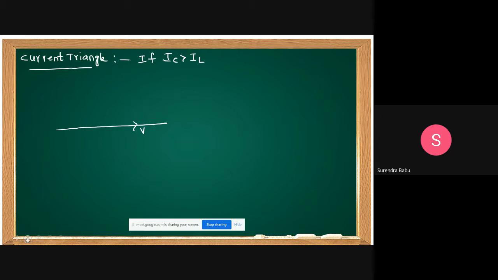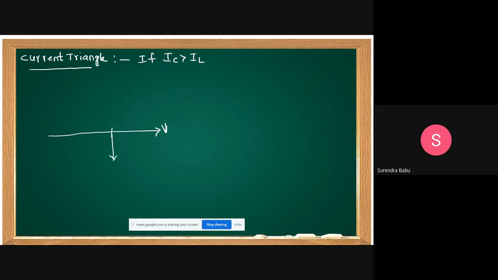This is V. The reference is V. And this is IC greater than IL. IL is a smaller vector, but you know that always IL is lagging.